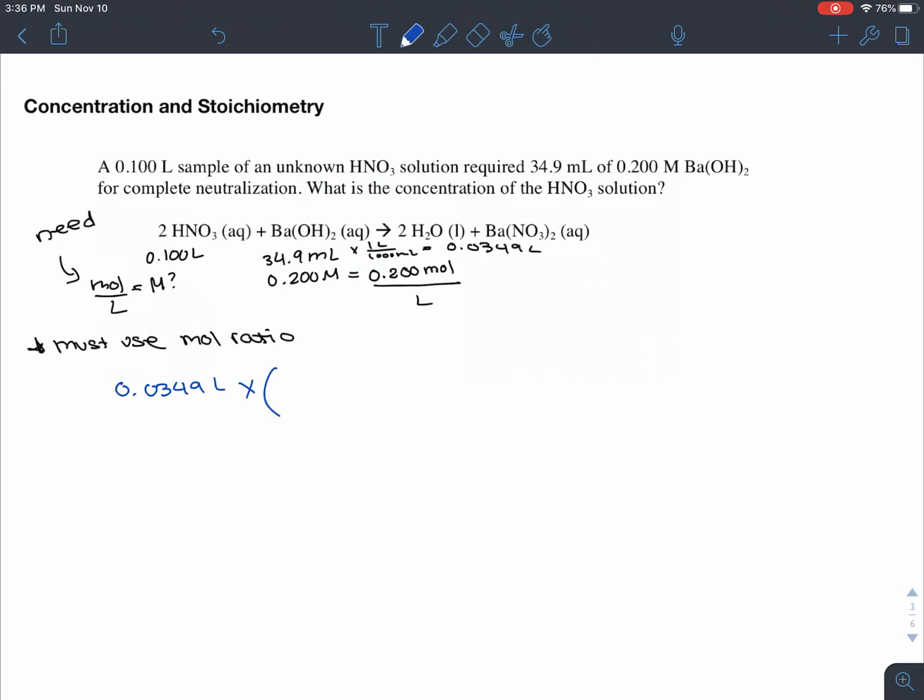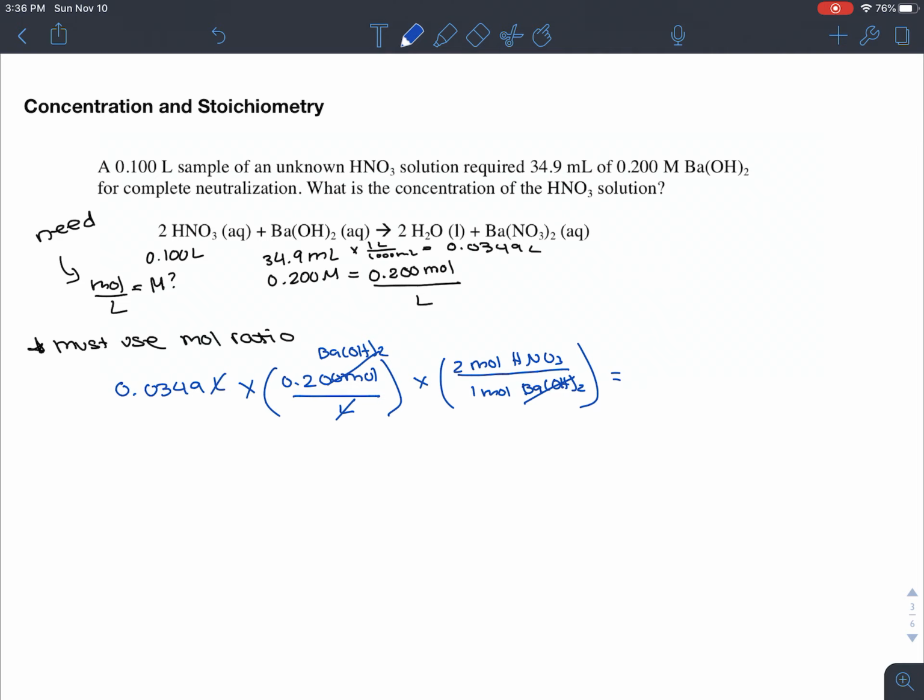So I start with 0.0349 liters and multiply that by the concentration, 0.200 mole per liter. This cancels out the liters. This is for barium hydroxide. Now I can use my mole ratio. My mole ratio is 2 to 1. So 2 moles of nitric acid, because that's what I want, over 1 mole barium hydroxide.